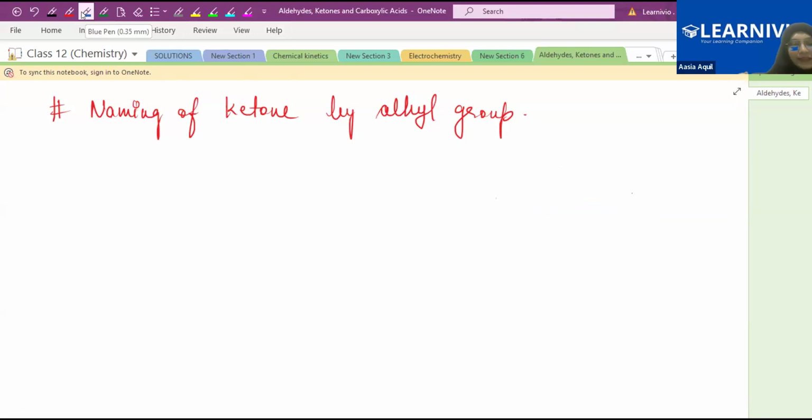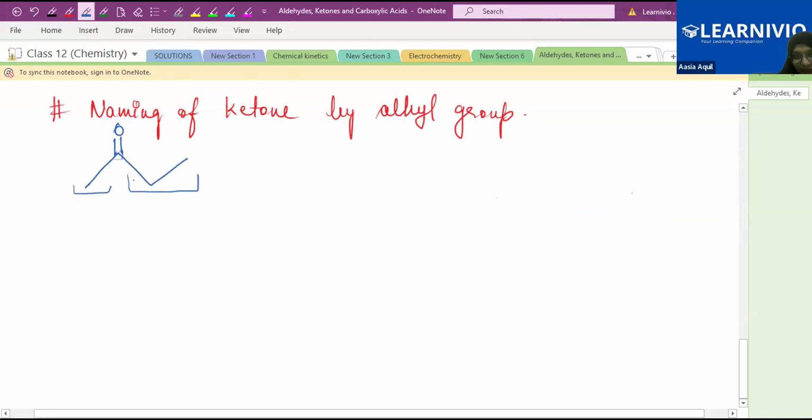Now, the naming of ketone by alkyl group. Suppose we have this group. How can we name this? We are talking about the common name, not the IUPAC name. This is a ketonic group, and on both the left and right sides there are alkyl groups. This is your ethyl group and this is your methyl group. So you write the names alphabetically, and for the CO group you write ketone.